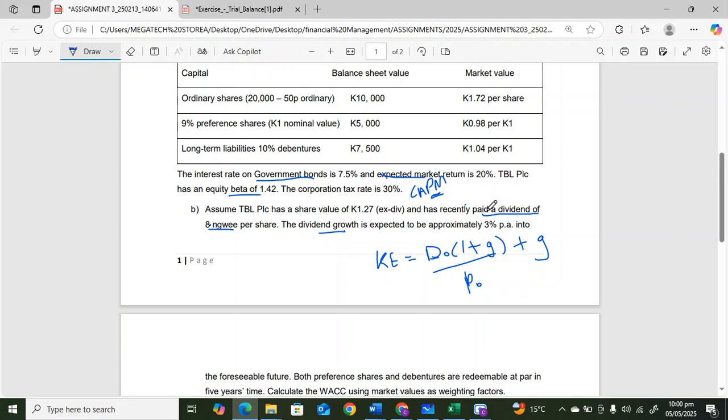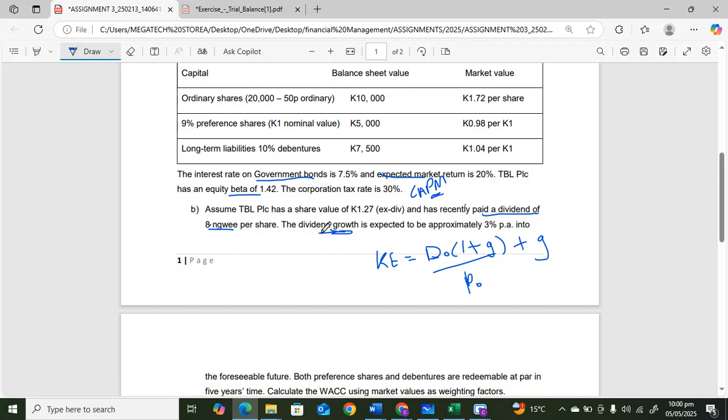But if they mention dividends and you also see a growth rate for this dividend, then you're using the dividend valuation growth model.